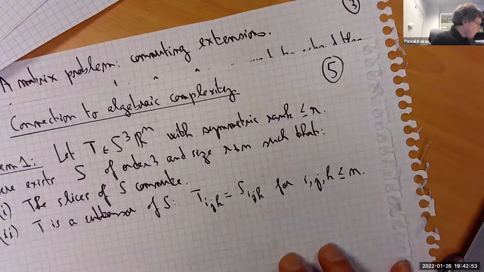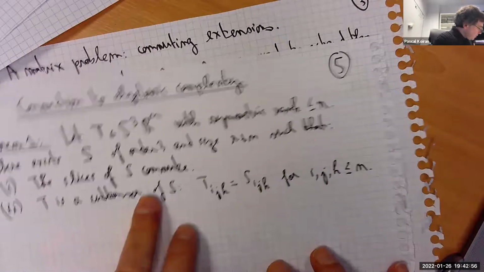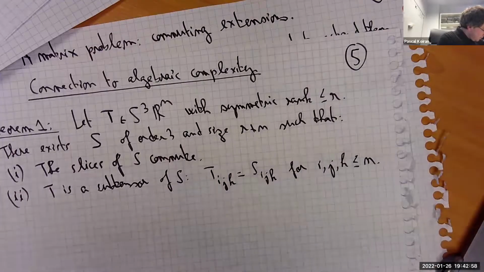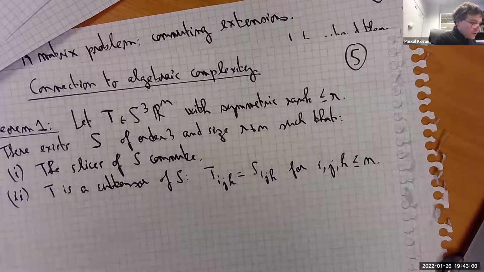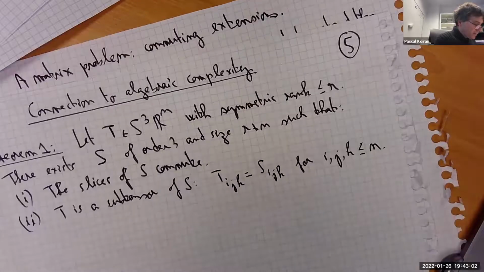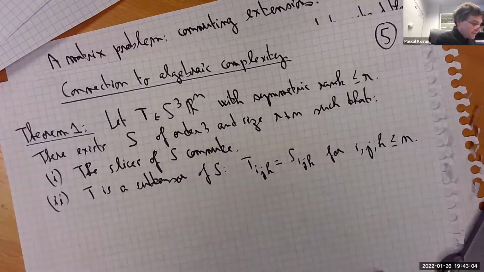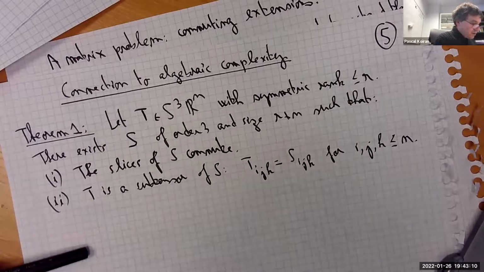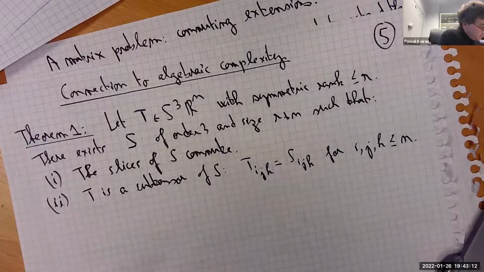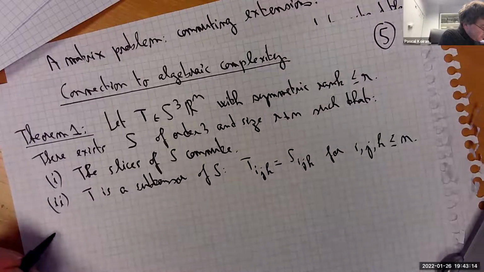Right. So we have this theorem, and I'll try to explain the proof. But you can see that in principle, you can turn this now into a lower bound method by taking the contrapositive.